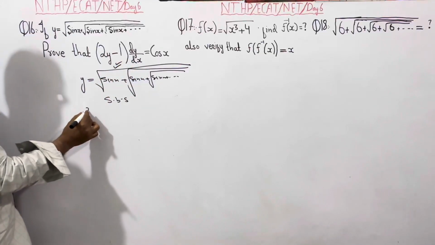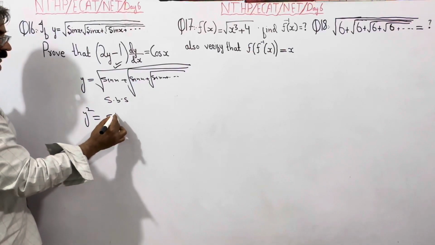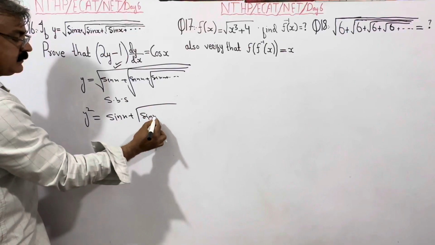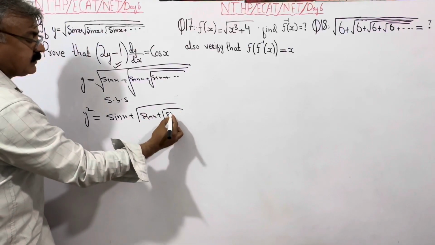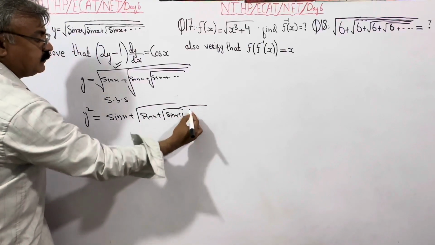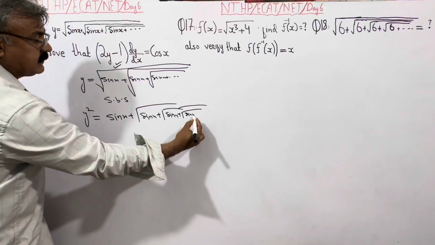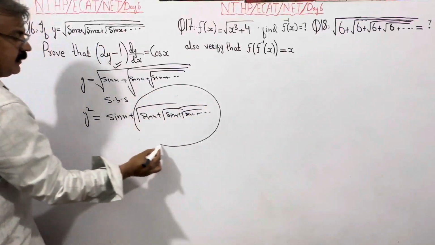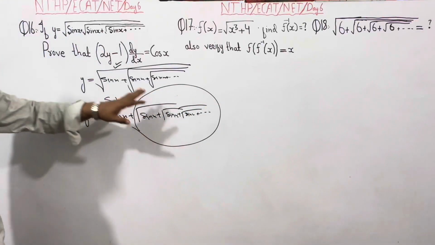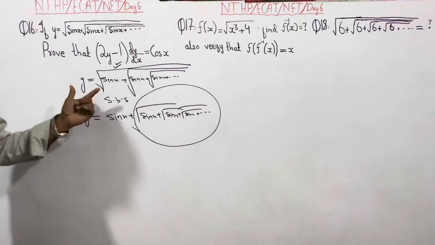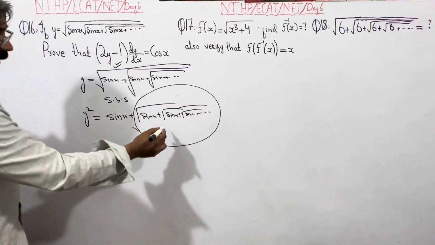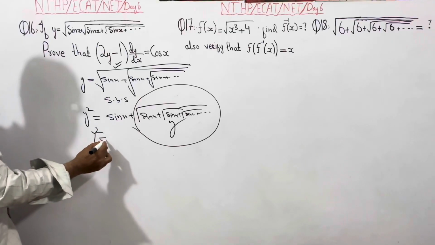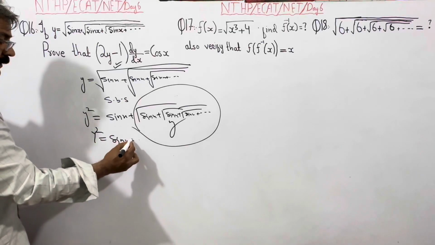It will become y square equal to sin x plus root sin x plus root sin x and so on. The data repeats, it is equal to y. Instead of all this, let us introduce y. It will become y square is equal to sin x plus y.